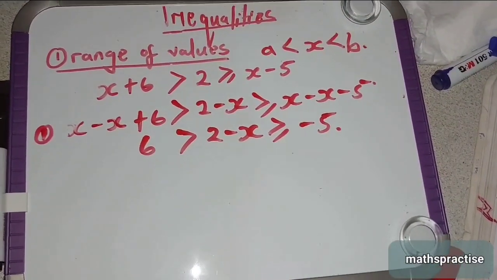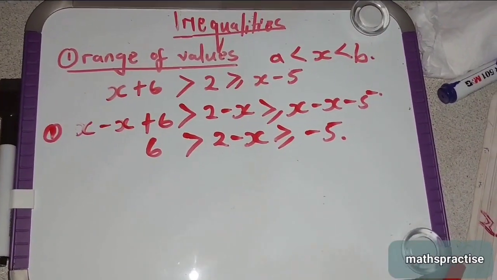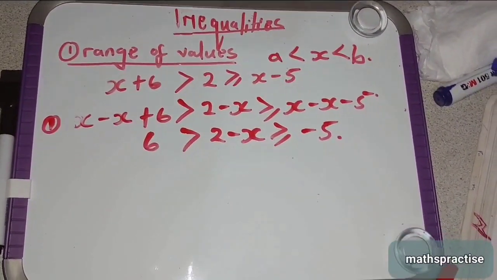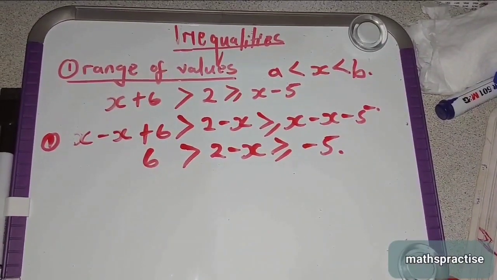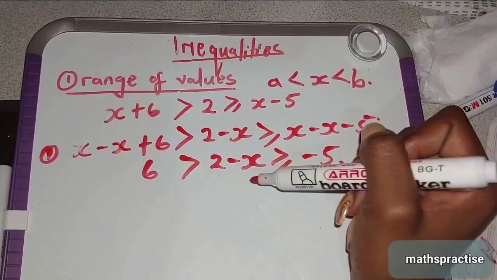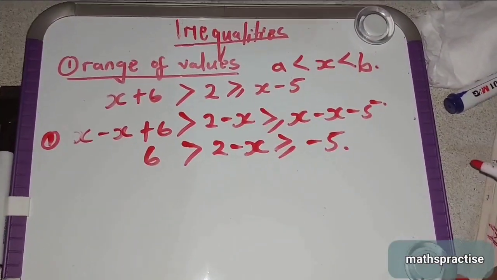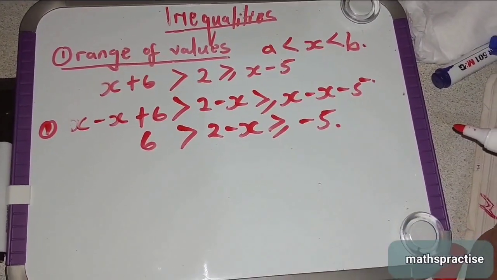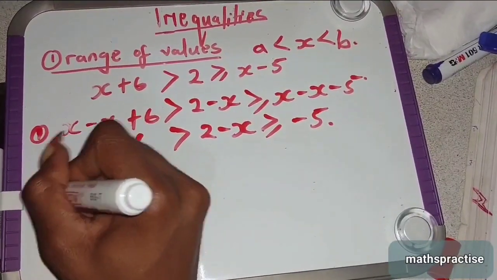Okay, then next, we further simplify our equation, right? What will we do? We want to remain with an x here. So we subtract 2 throughout again. That's the second step.